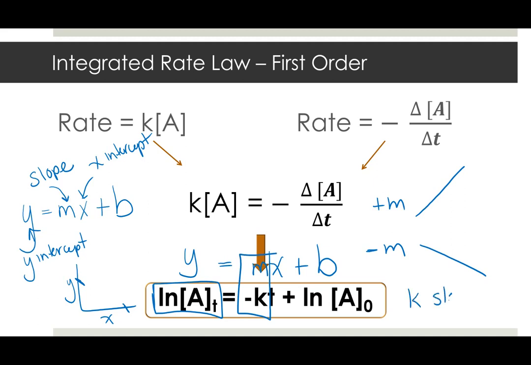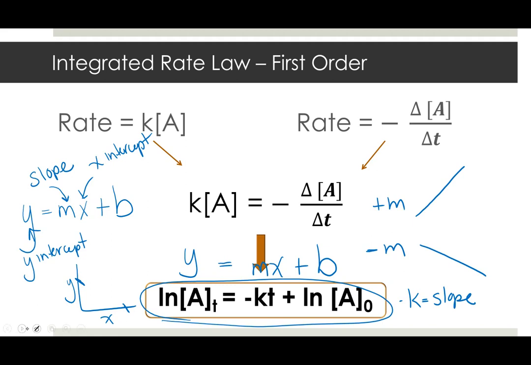So K is going to be the slope of our reaction. T is the x. And then this b right here is the natural log of A at time 0. Okay. So what we'd see is that we've got an integrated rate law, and then we rearrange the integrated rate law to match up this equation of a line. Okay.